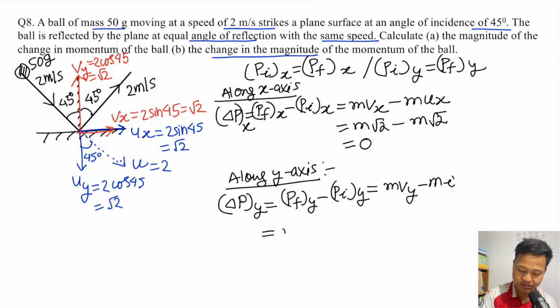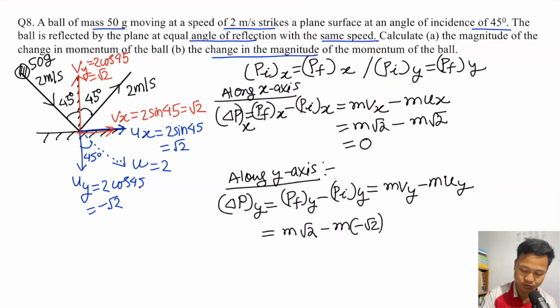So m into vy, which is root 2, minus m into uy. But uy is negative, so if you put the sign here you'll have minus root 2.